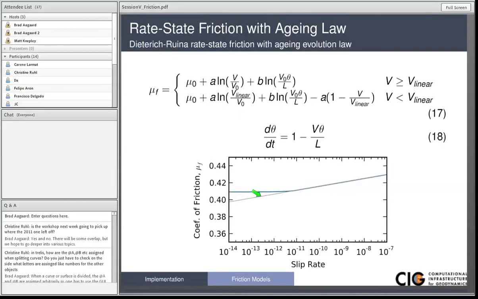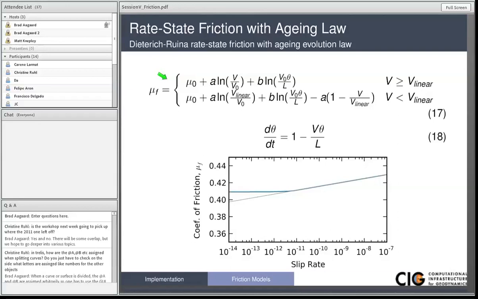Rate and state friction. Here is our version and implementation of rate and state friction with the aging law. There's a popular way to regularize this as the velocity goes to 0. That works quite well when you have a semi-analytical approach, such as boundary integral equations or a dynamic simulation.